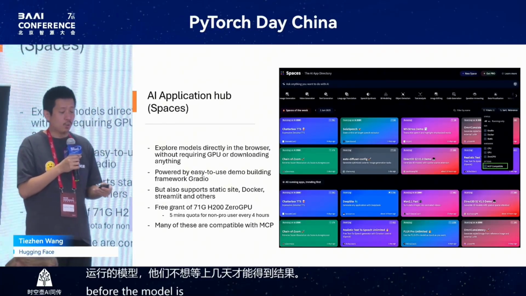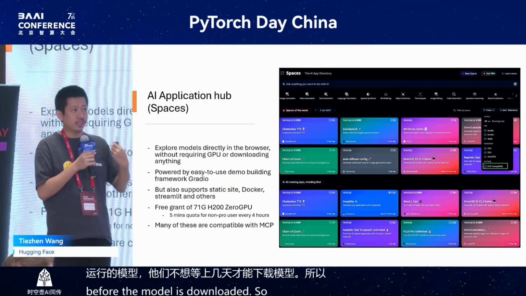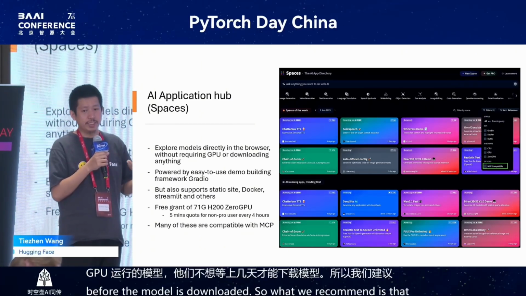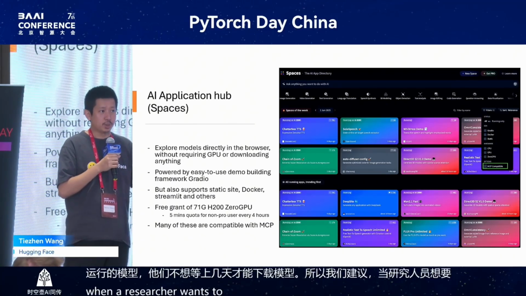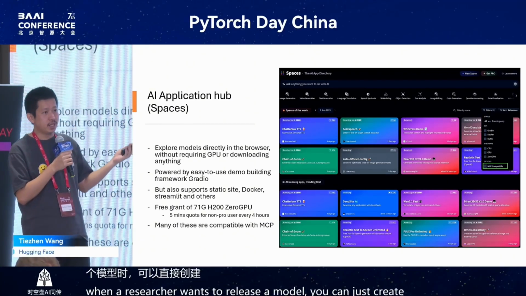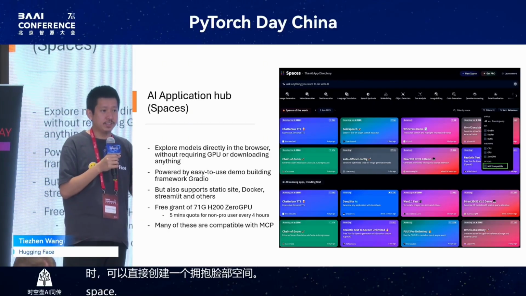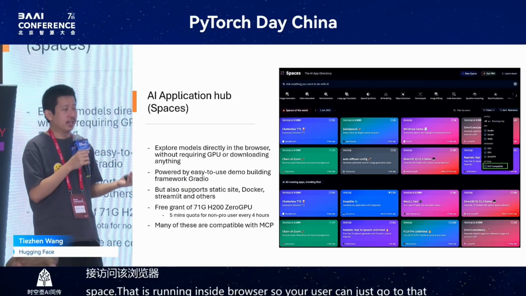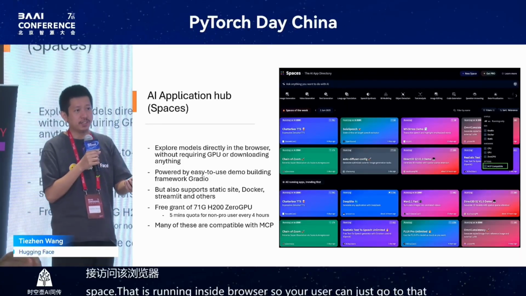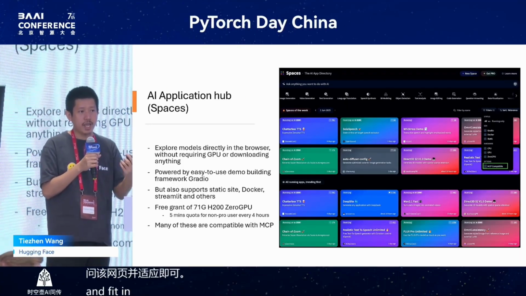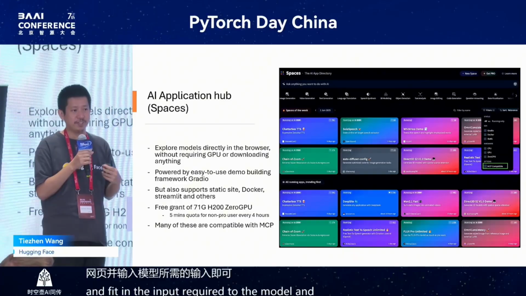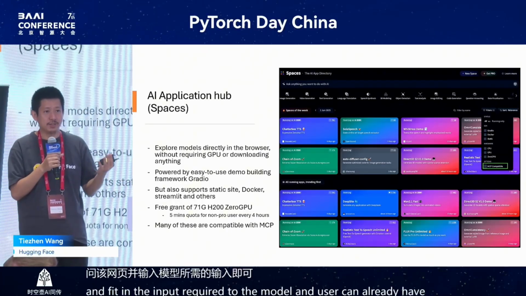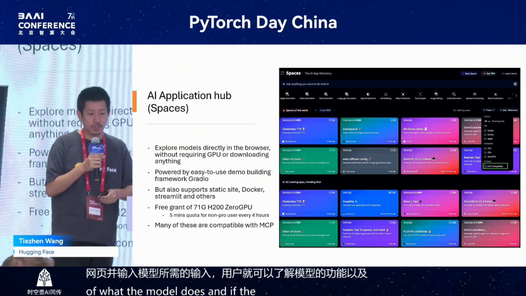So what we recommend is that when a researcher wants to release a model, you can just create a Hugging Face Space that is running inside the browser. So your user can just go to that web page and feed in the input required by the model, and the user can already have a feeling of what the model does and if the model is doing what you want.